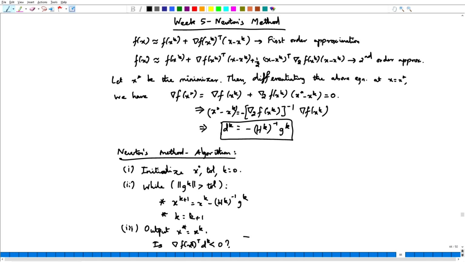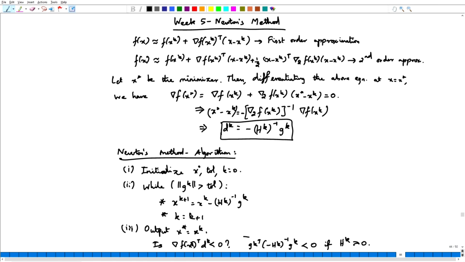Let us check. del f of x k is g k. So, g k transpose into minus h k inverse g k is less than 0 if h k is positive definite.